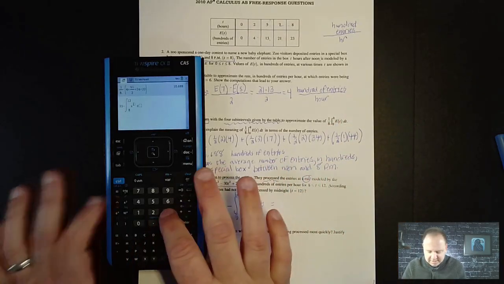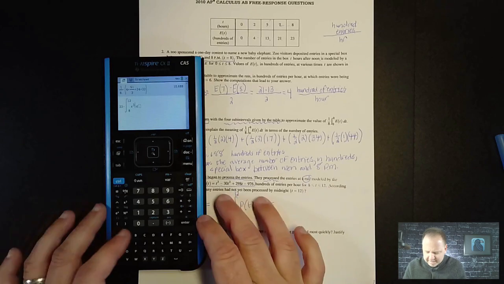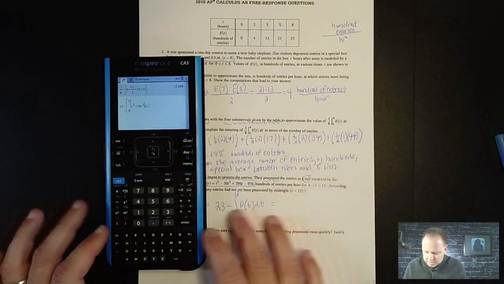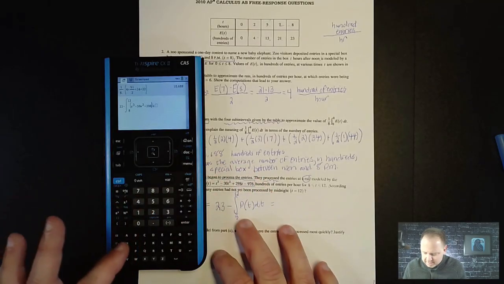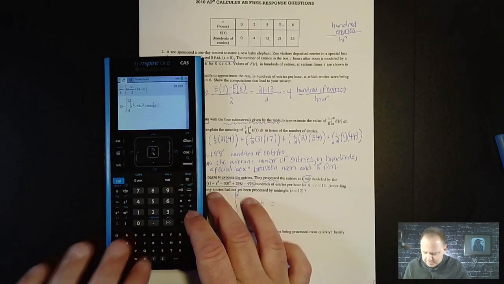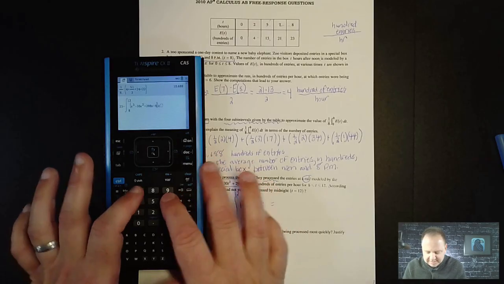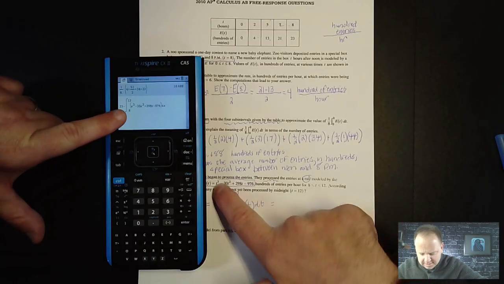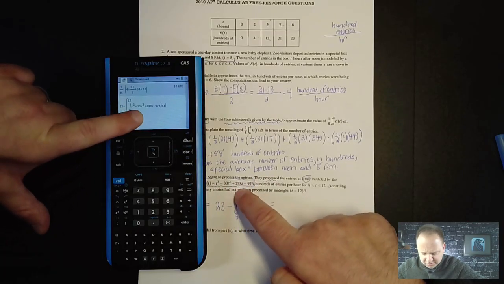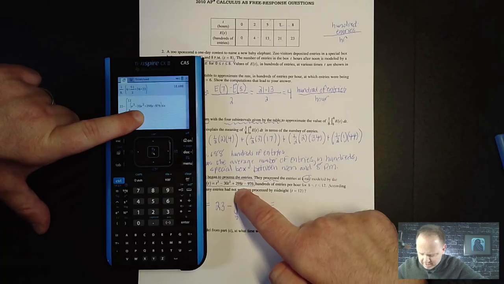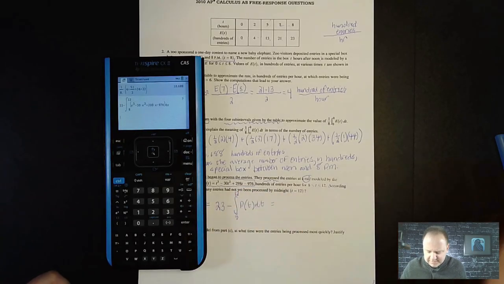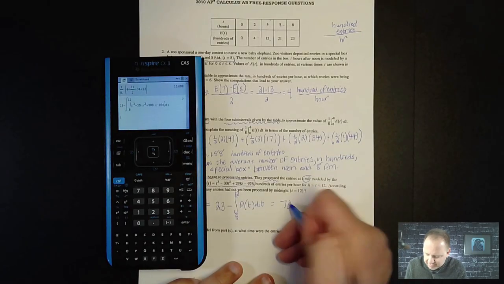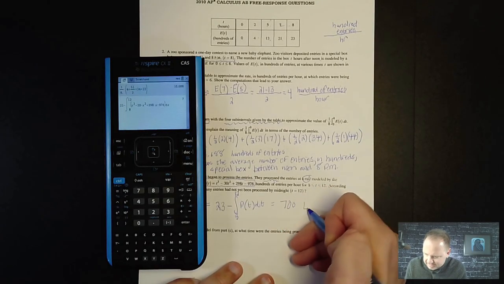I just always use x's: x cubed minus 30x squared plus 298x minus 976 dx. Let's just do a quick double check. That's x cubed minus 30x squared plus 298x minus 976. Well, that gives me 7. But remember, that's in hundreds, so that would be 700 entries.